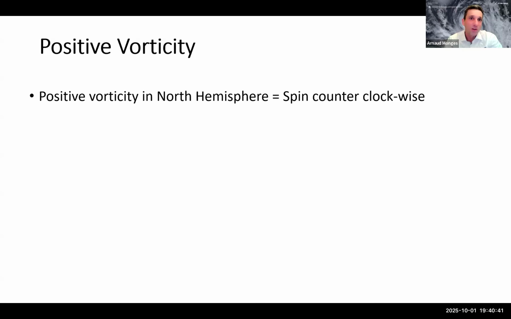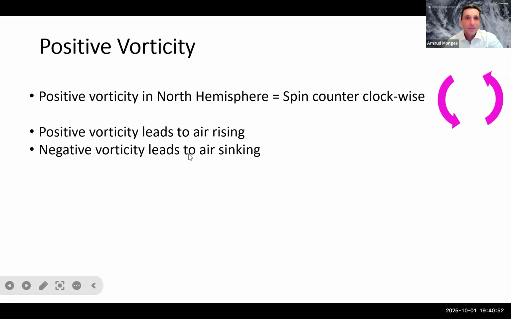And this is not what we want in a storm. So we want the air to spin like this in order to have rising in the Northern Hemisphere. So this is what I was saying: negative vorticity leads to air sinking, and this is what you have on the left of the trough.